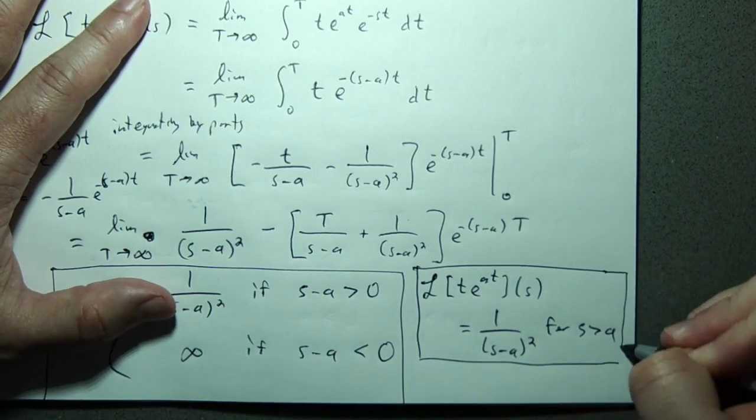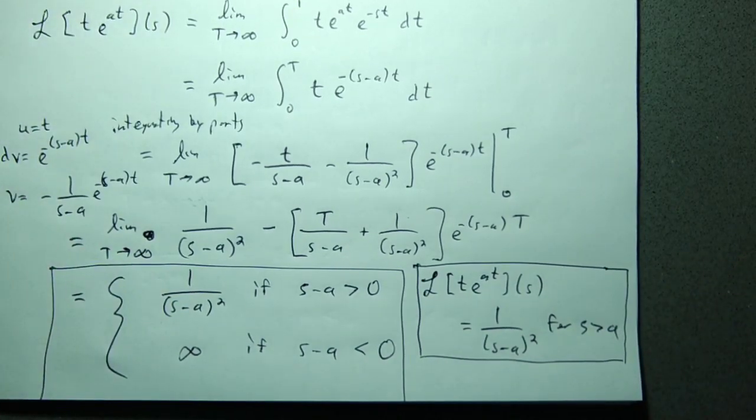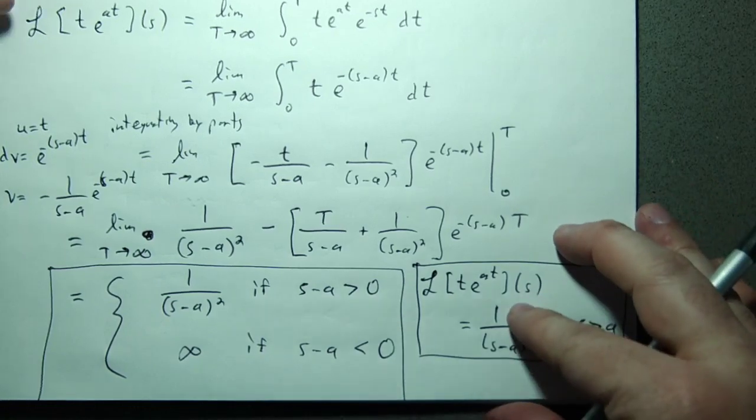Now, you could see how this would get really annoying really quickly. Thankfully, this is not how you're going to actually compute these things typically. Okay, but this is how it works. I'm going to mention one more thing. I'm not actually even going to compute it. I'm just going to show you. It's very straightforward actually, based on what we just did.